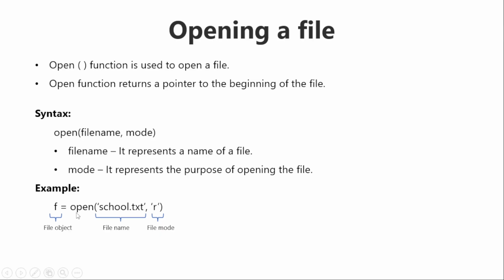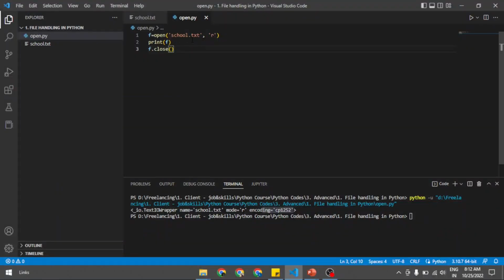As I discussed, I have written f is equal to open school.txt with reading mode. I have given print f. f is nothing but a file handler or a file object. The file object is aiming at school.txt, its mode is r, and encoding is cp1252, which is optional. And I'm finally closing the file.